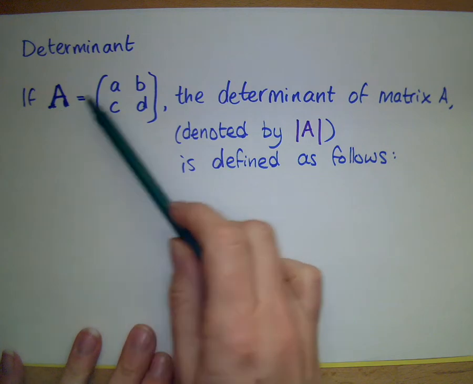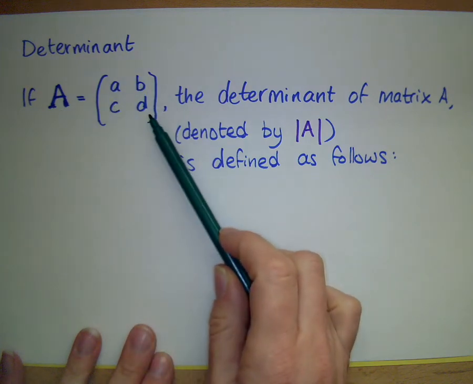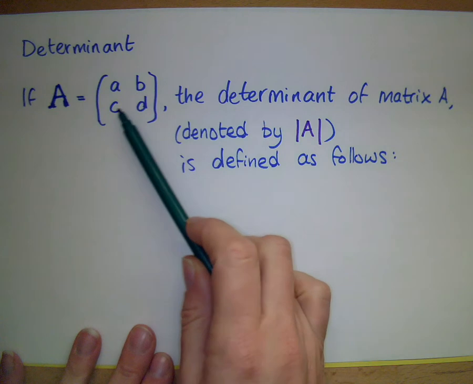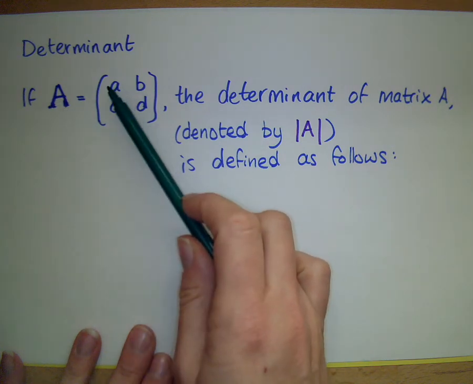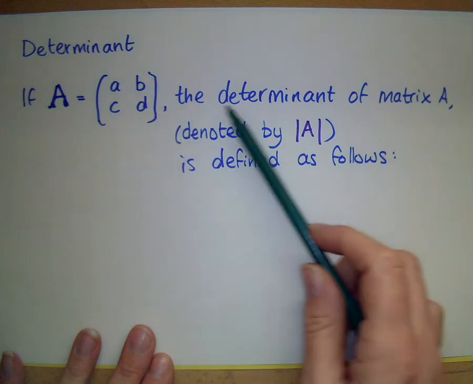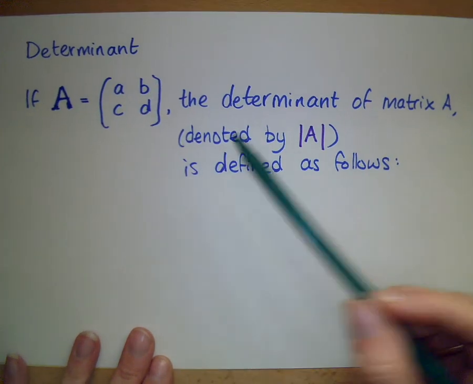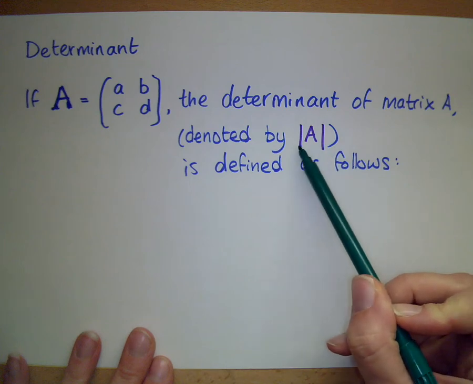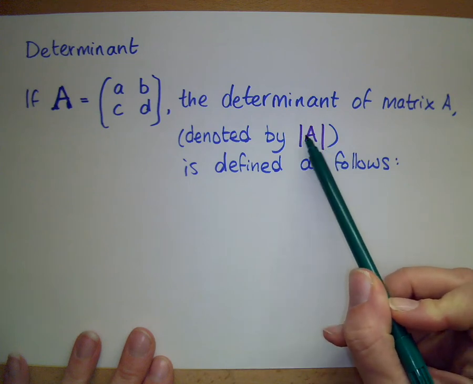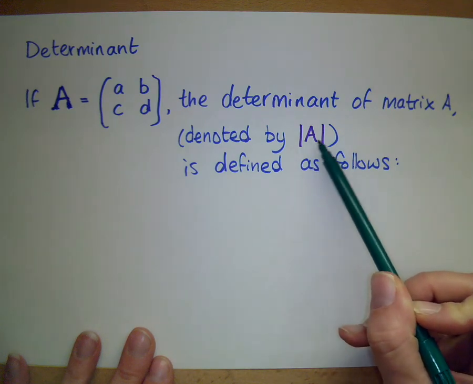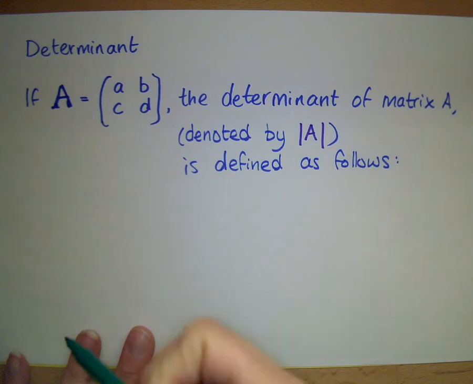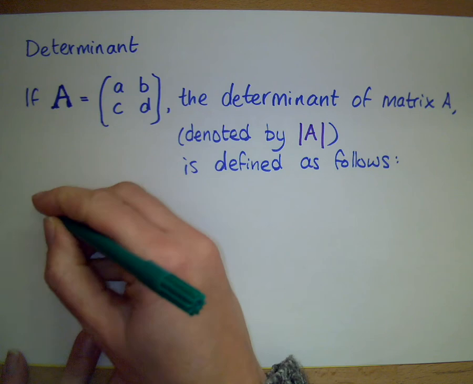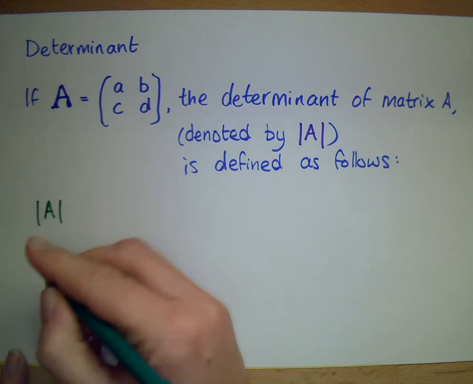All right, if this is our matrix that we start with, see how there's just letters instead of numbers, but if this is a matrix A, it has the values A, C, B, D, then the determinant of the matrix, which we write like this, and we don't want to confuse this with absolute value. This we call the determinant, right? It's defined as follows. So we get a little formula here.